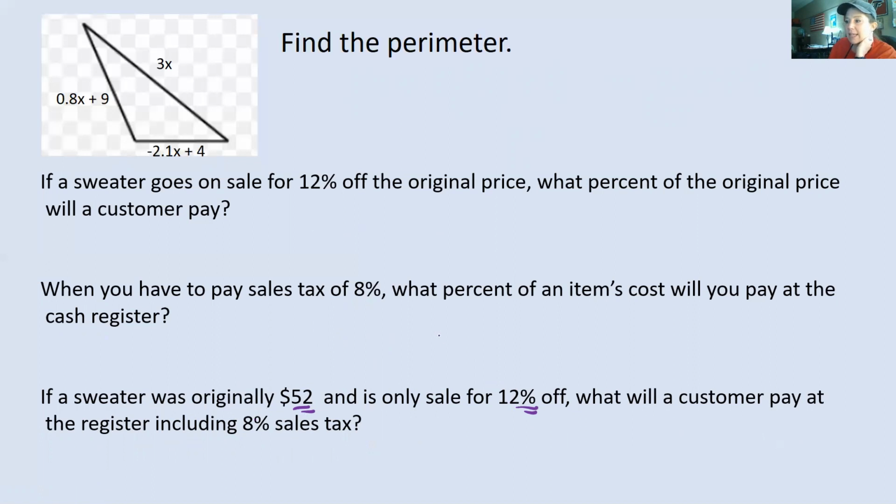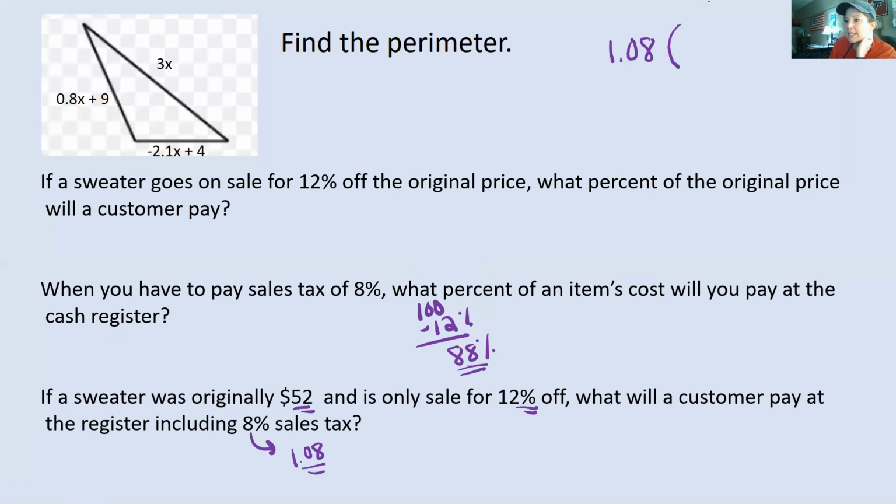So we would take 100% of the price. We're going to subtract from it 12%. So that's 88% of the price. And then we're going to take that price and we're going to pay 108% of the sale price, right? So we're going to take 8% of the sale price.